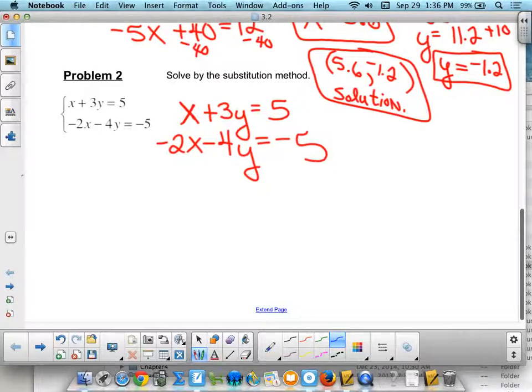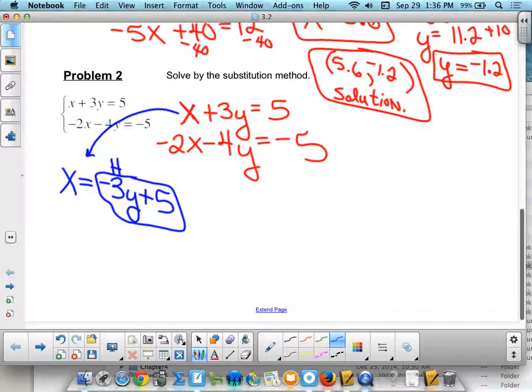Step 1, solve for x or solve for y. Hint, hint. This is what you should have done first.